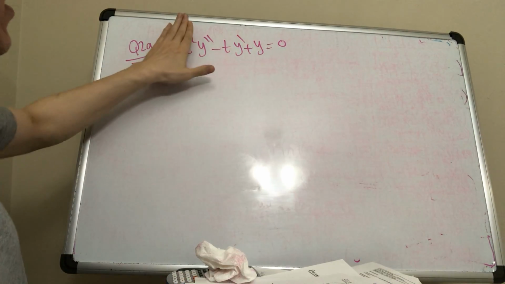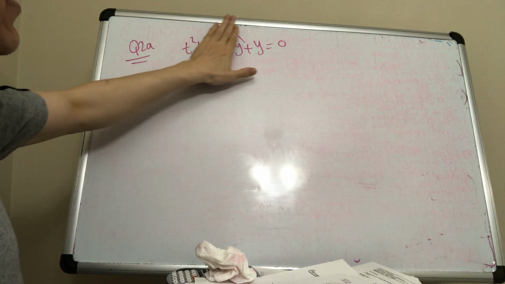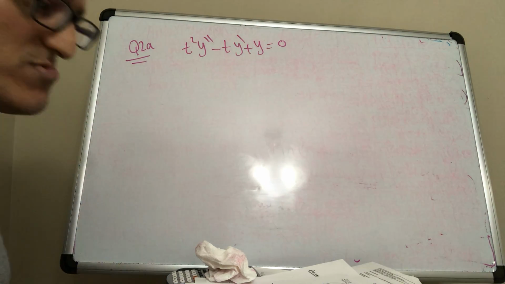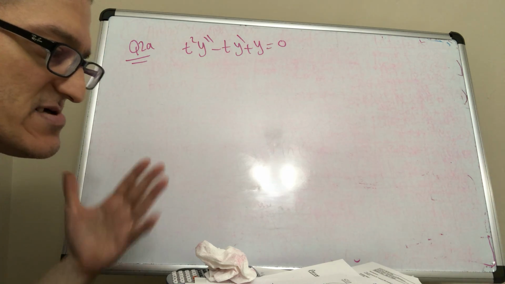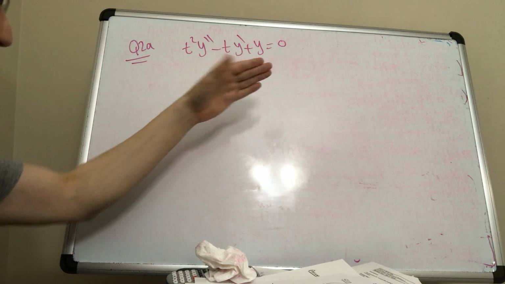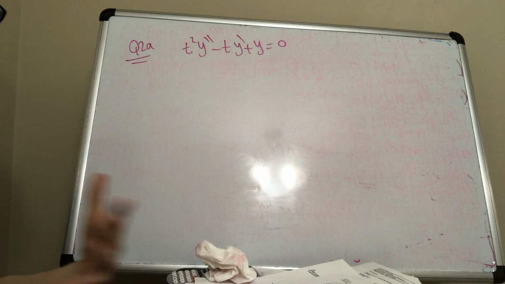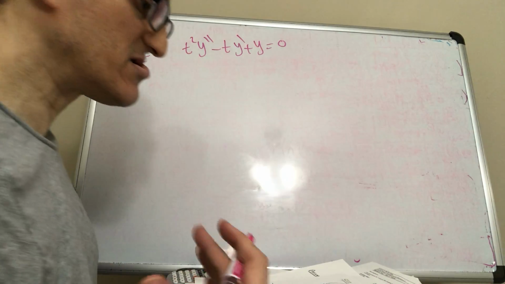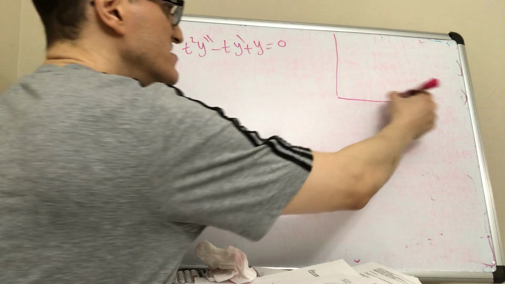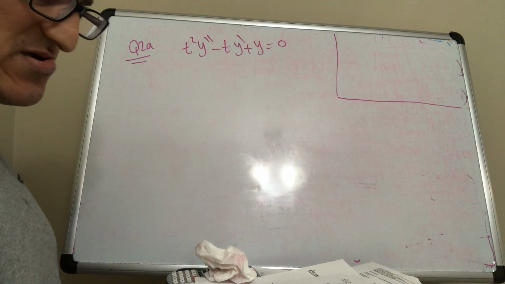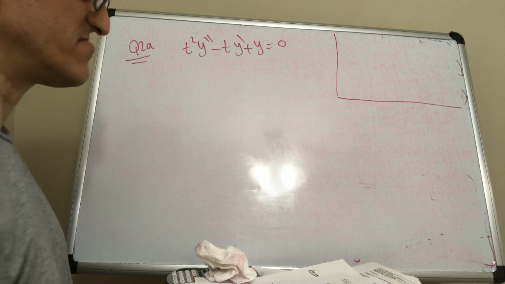So if you don't see the t, it's just a normal homogeneous. But the fact that there is the t with the y's, it gets a little bit more involved. So I'll tell you what you're supposed to do. And this will be the same thing we do for all the next questions.